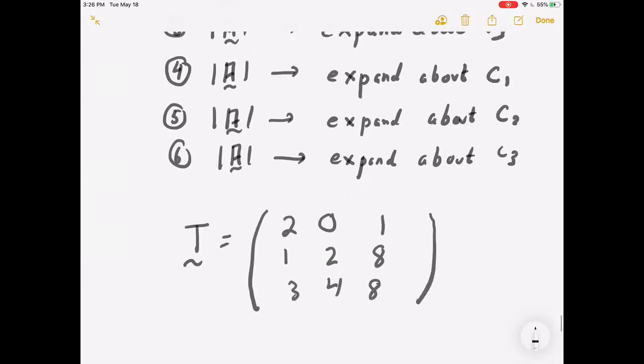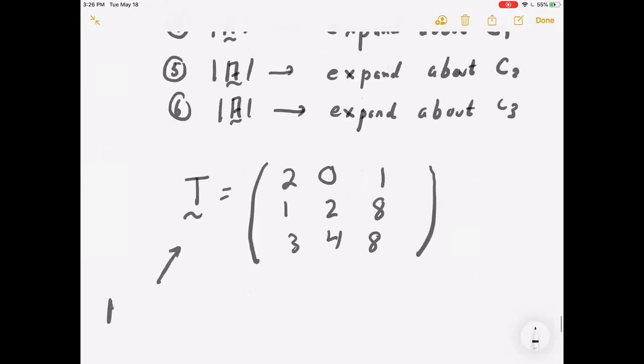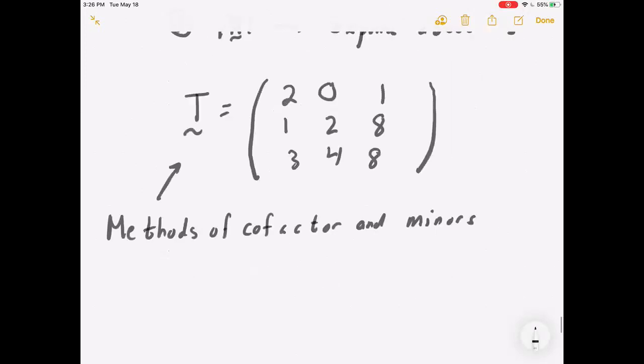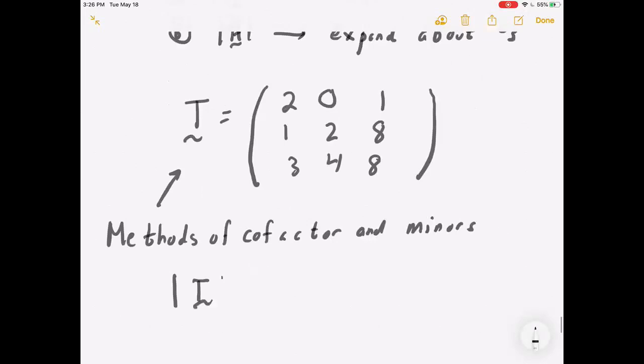Suppose you want to use the method of cofactors and minors to evaluate the determinant of this matrix T. And in principle, there are 6 different ways to do this.